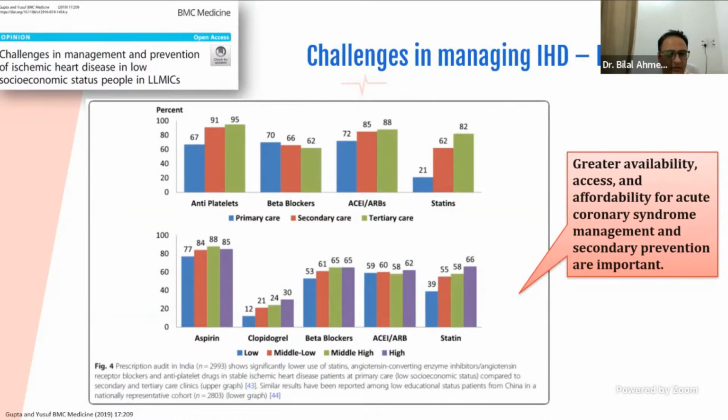Aspirin has almost 70 to 80%, 85%, at everybody's primary, secondary, and tertiary care, but statins are very few in the primary centers and around 60% in secondary and tertiary centers.